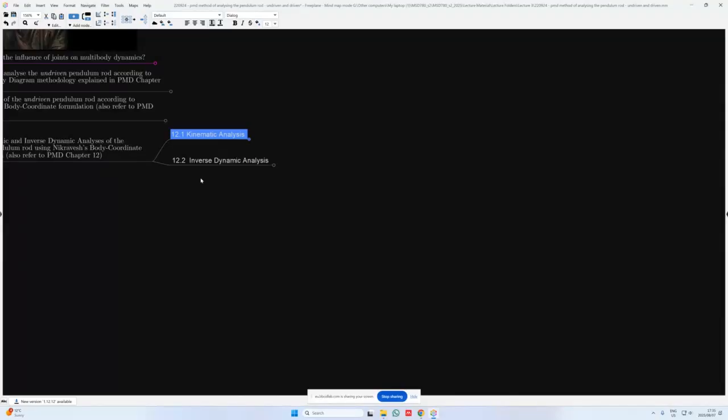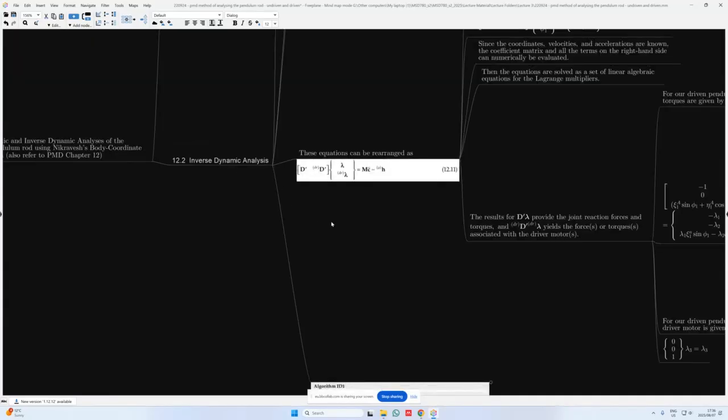We perform those calculations, and now we move on to the actual inverse dynamic analysis. The equations of motion for a mechanical system represent the relationship between the forces that act on the system and its motion. So once again, we refer back to Newton's second law, which says that the forces are directly proportional to the mass and the acceleration of the system.